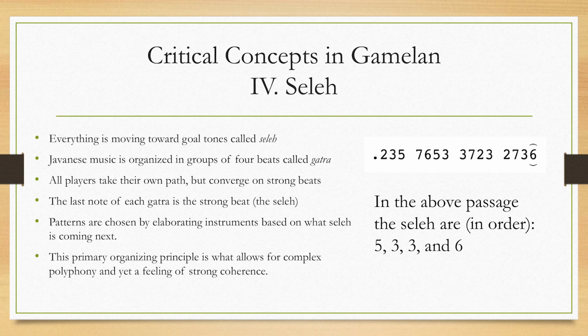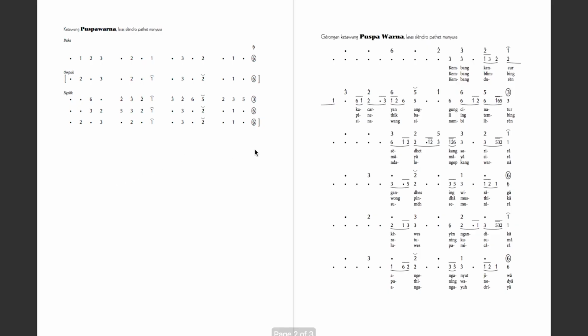So if we look at the gerong part that we actually just sang, take a look at this. Here, we don't land exactly on 1, but it goes straight away to 1. So other than this, all of our seleh tones are at the exact same time. So look at the gerong part. It's playing its own melody, but then 5, we're together with the balungan here.